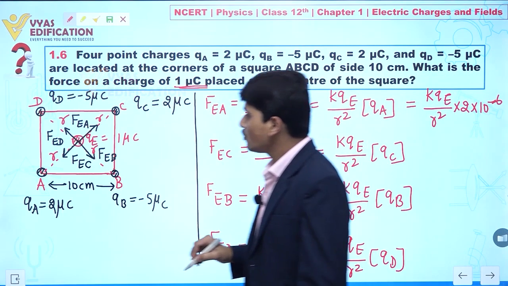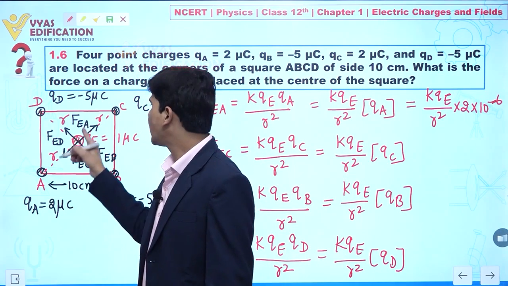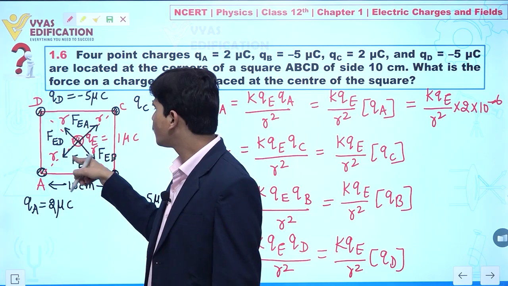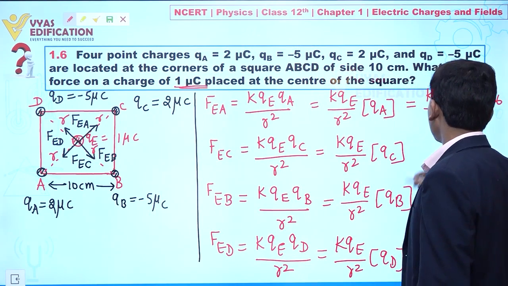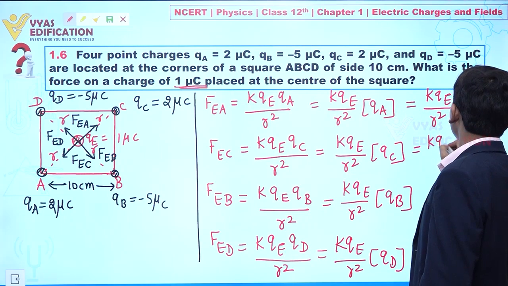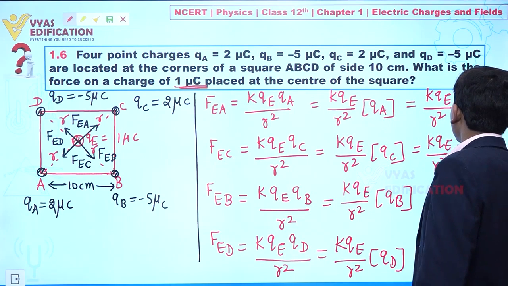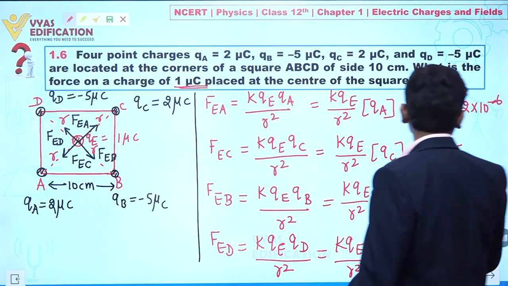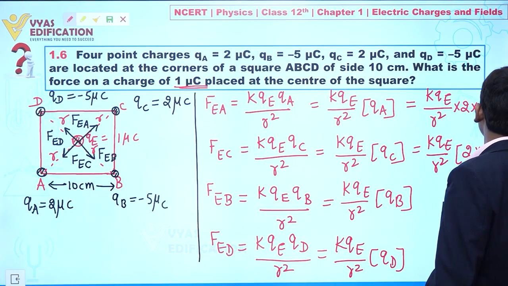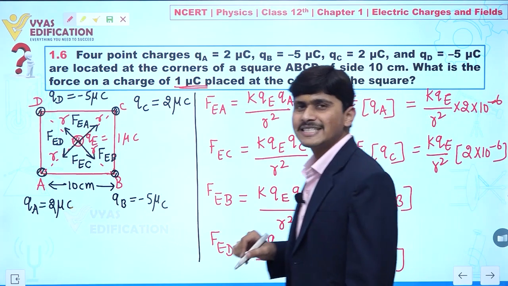Now we are talking about FEA. First we observe the force FEC. FEC is KQE upon R square, and the charge at point C is given as 2 microcoulomb, so 2 into 10 to the power minus 6. Now listen carefully.